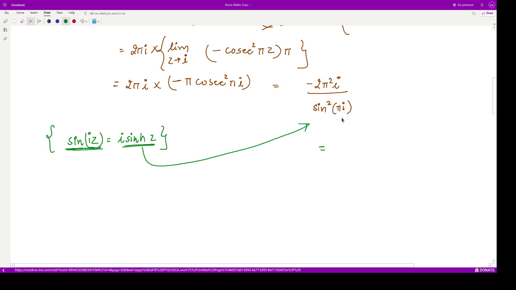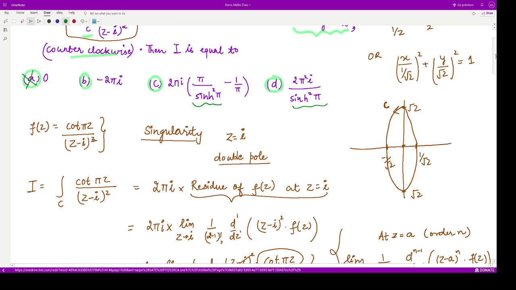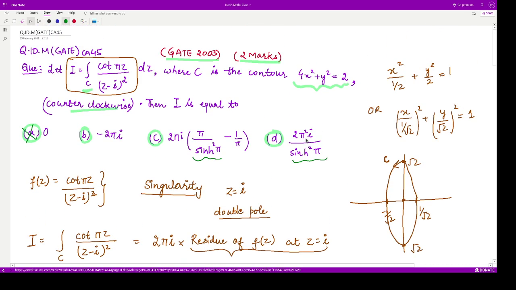After calculation and simplification, you will end up with the quantity 2π squared i divided by sinh squared (π). So this would be your final answer. Let us have a look at our options. From here we see 2π squared i divided by sinh squared (π) is the correct option. So we got option D as our correct option.